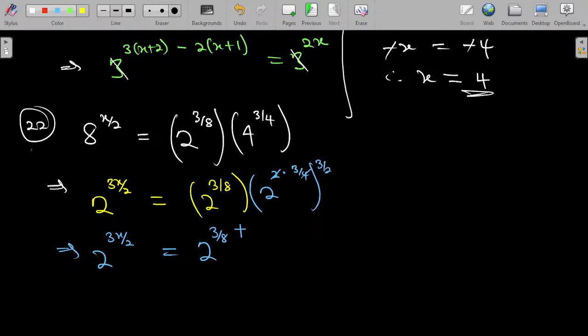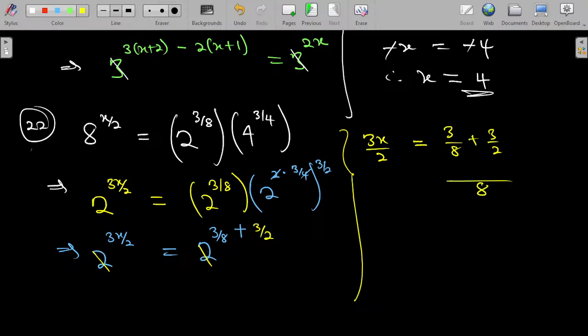We are adding power 3 over 2. Let's continue here. At this time we can remove the equal bases, and when we do that we will have 3x over 2 is equal to 3 over 8 plus 3 over 2.